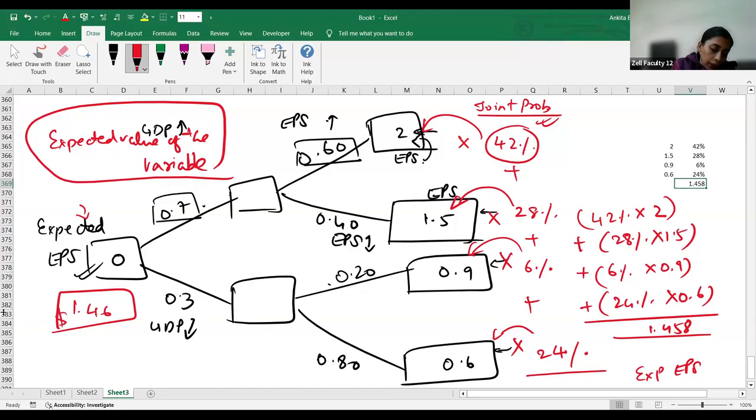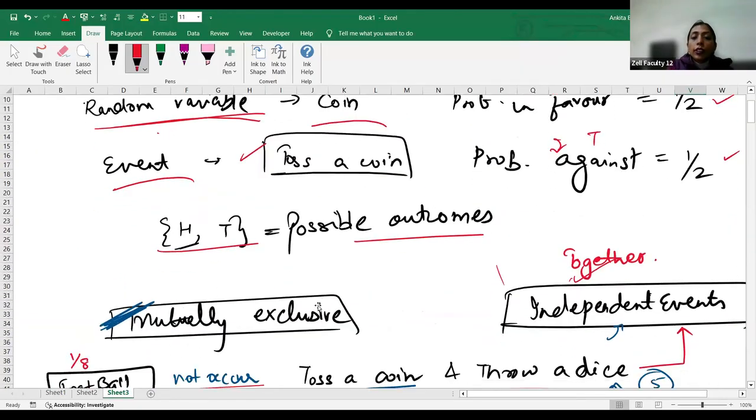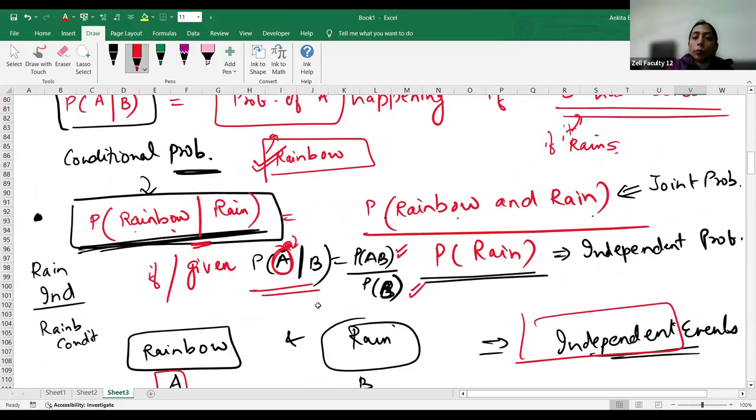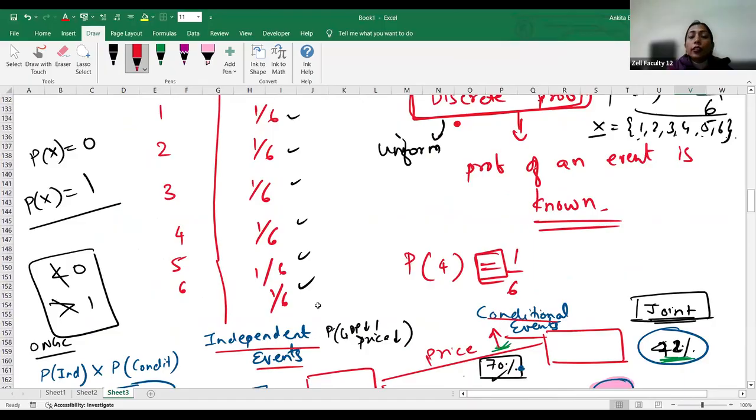Now tell me. Any problem till here? Anybody has? So I explained you few things like what is an event. If you start from the beginning here, what's an event, mutually exclusive, independent events, joint probability, conditional probability. Then we did discrete probability, discrete uniform, discrete non-uniform.